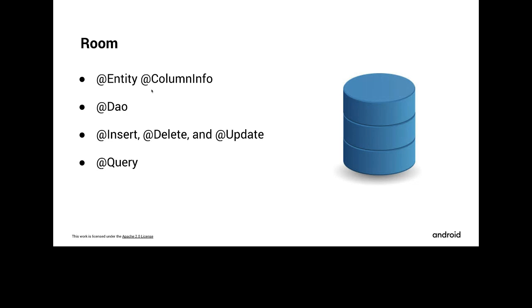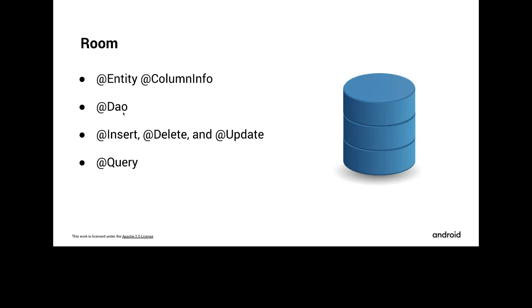So, for example, with entity and column info, entity is your table that you're storing everything in. Column info is matching up the object to the column name in case your column name doesn't necessarily match up with the object name.